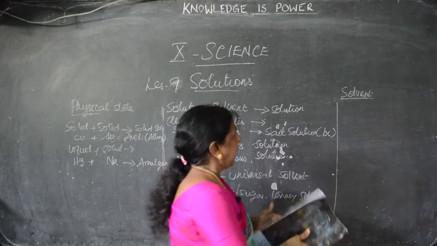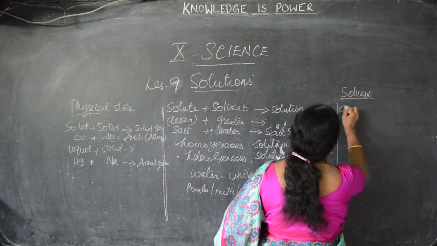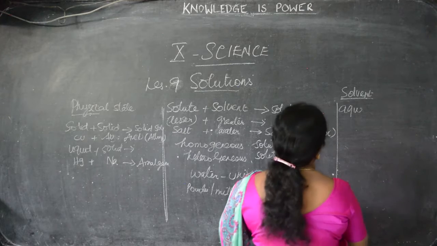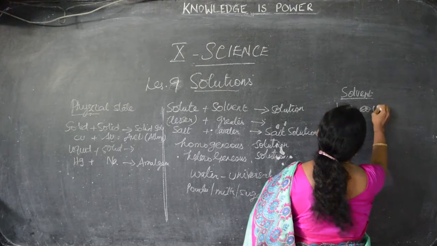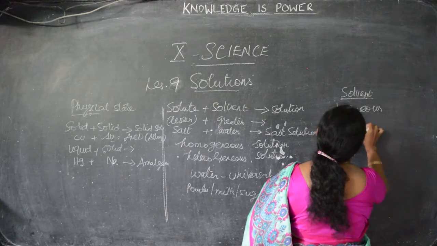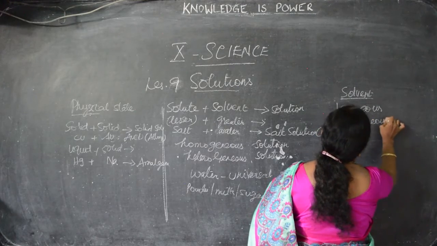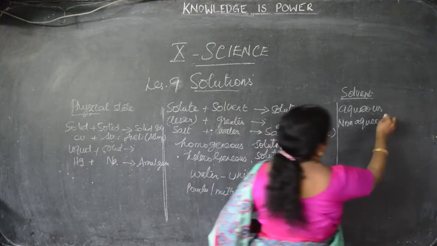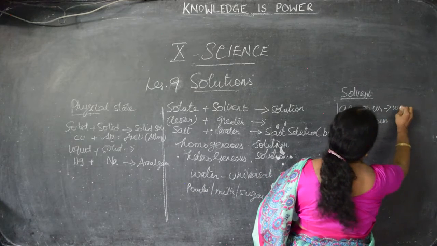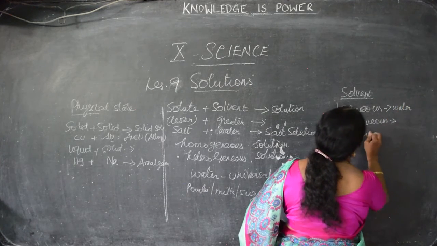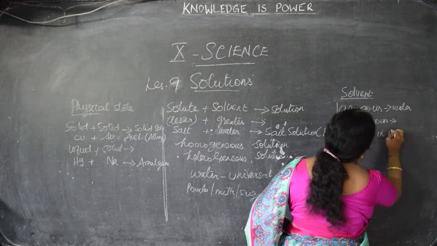There may be two: aqueous solvent, aqueous solution, and non-aqueous. Here, the solute dissolved in water is aqueous. The solute which is not dissolved in water is non-aqueous.